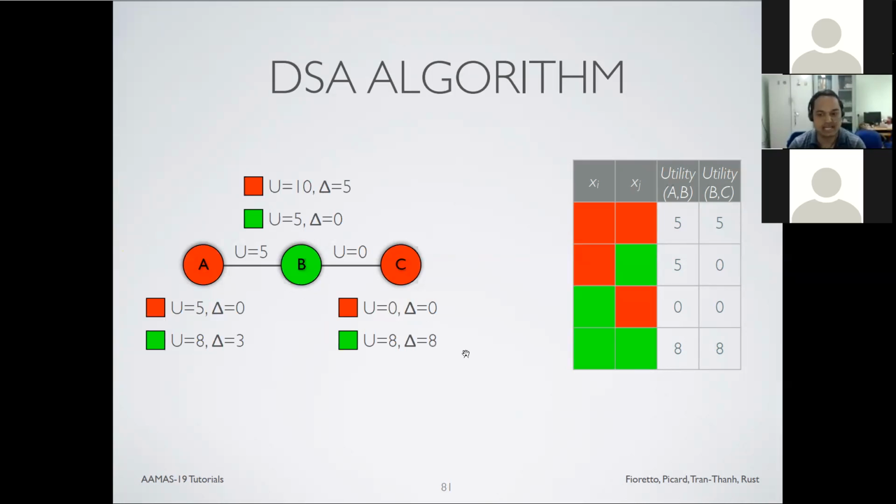If we choose this color combination, A as red, B as green, and C as red, then the utility of this arc is 5. If B is green and C is red, then this combination gives you 0. So the total utility of this assignment is 5.